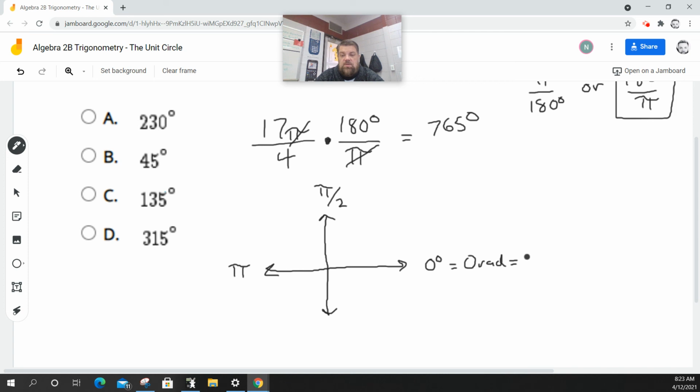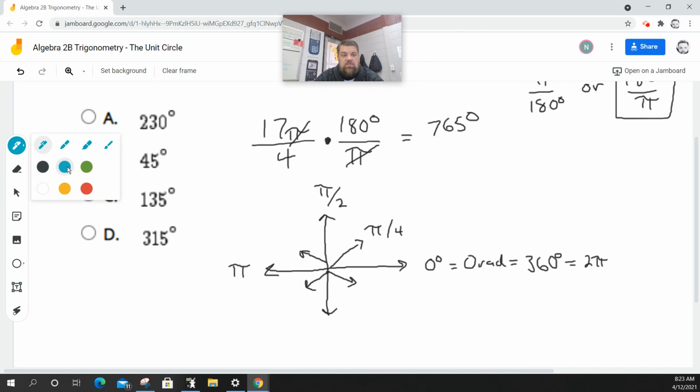And then this is also equal to 360 degrees, which is equal to 2 pi if we rotate around. So this is pi over 4. If I divide this into 8 sections, that's my pi over 4.